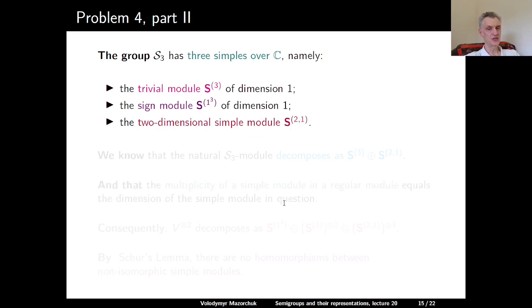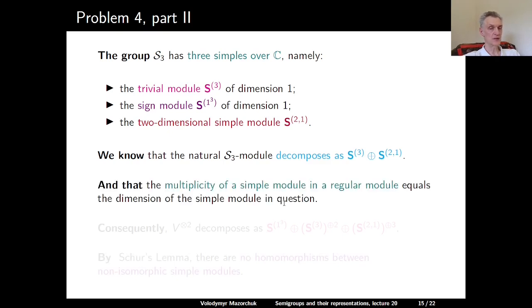And we have the two-dimensional simple module, that's a Specht module for the partition 2,1. And that's the non-trivial summand of the natural module. So the natural S3 module V decomposes as a trivial module plus the two-dimensional simple, so the Specht for 3 plus the Specht for 2,1.